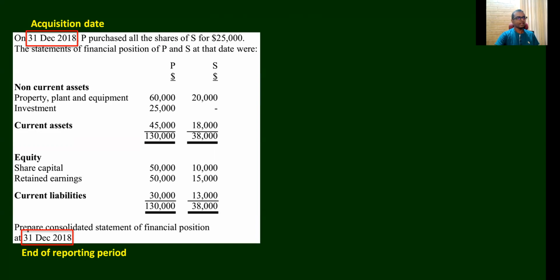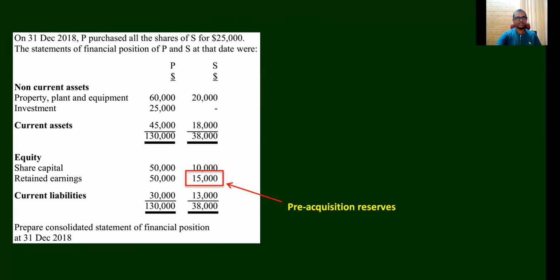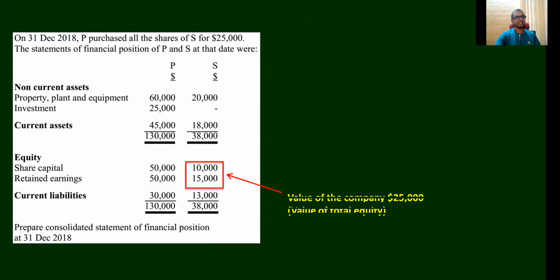So the 15,000 retained earnings in the subsidiary company S were generated before the acquisition. This I have already explained: 15,000 pre-acquisition reserves, reserves generated before the acquisition date. So what is the value of this company S?